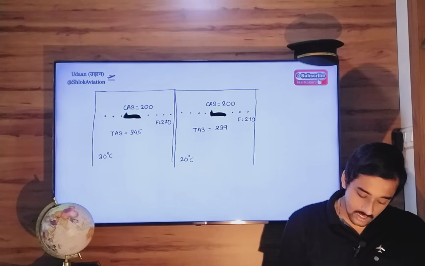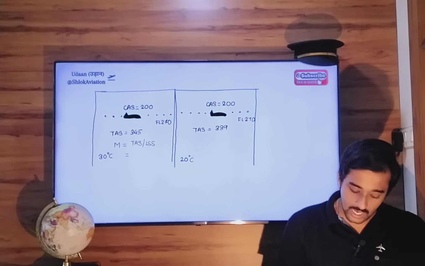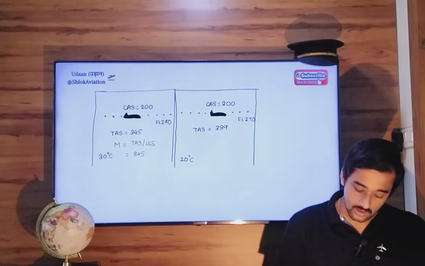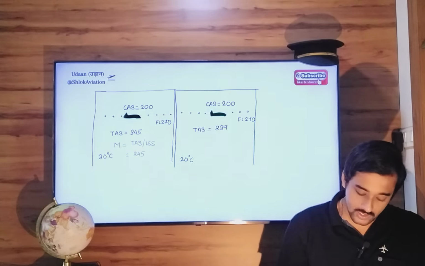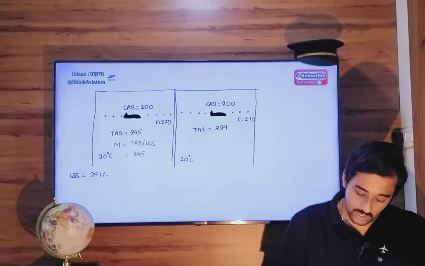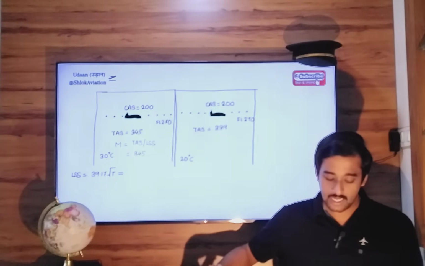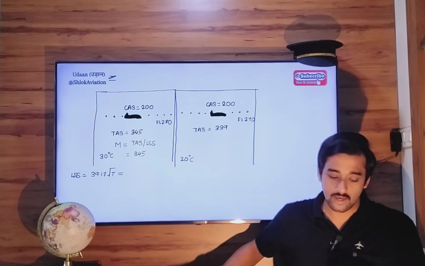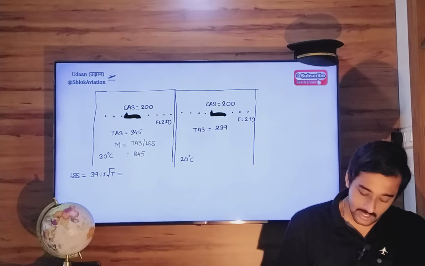Now let's calculate the Mach number. The Mach number here will be TAS divided by local speed of sound. So TAS is 345. Now local speed of sound is 39.17 square root of temperature in Kelvin. So 30 degrees Celsius is how many Kelvin? 273 plus 30, that is 303.